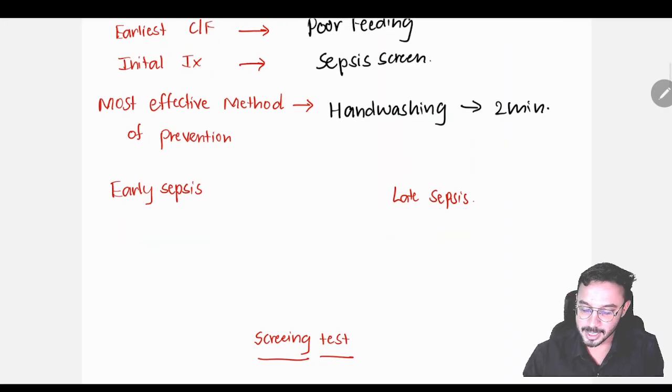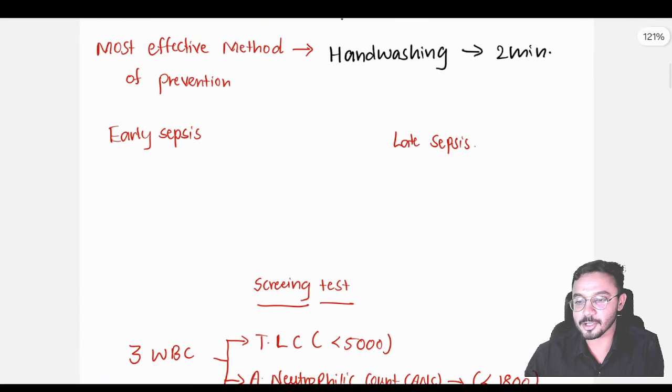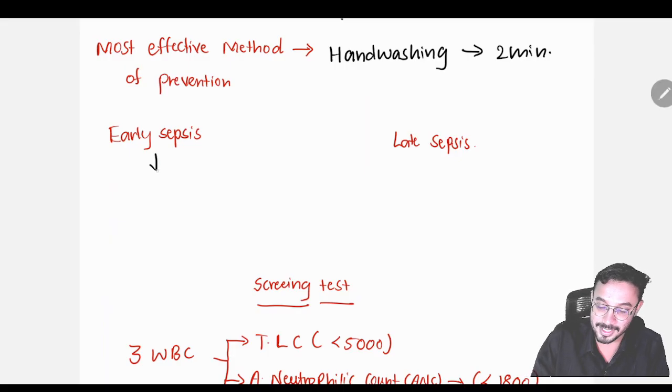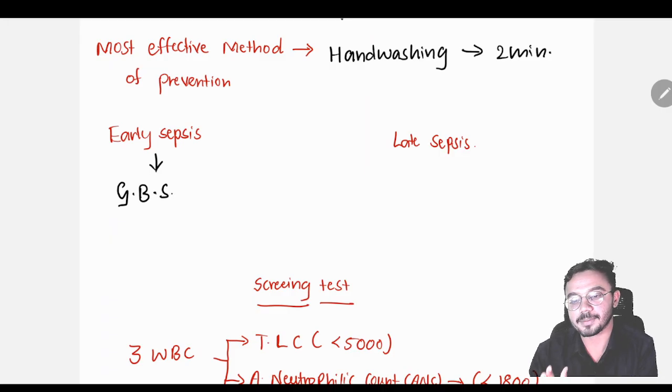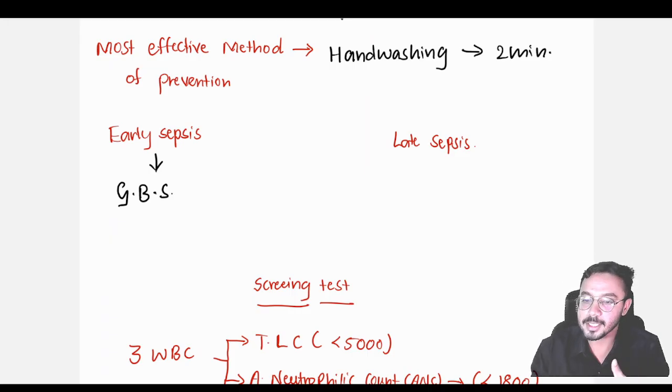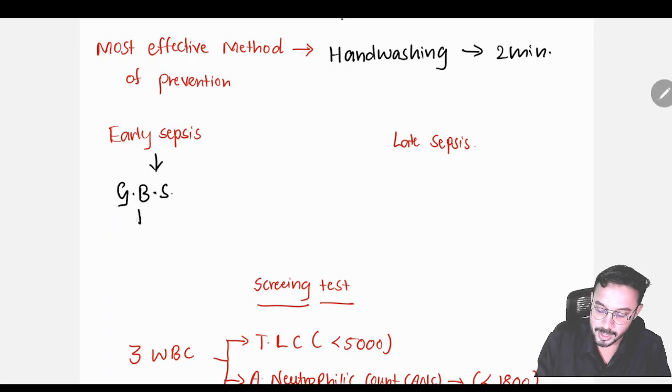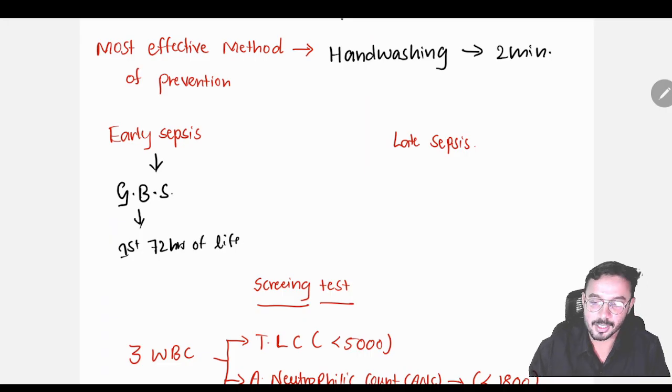Neonatal sepsis is divided into two types: early onset sepsis and late onset sepsis. What causes early onset sepsis? Here there is no controversy, it's caused by GBS, group B streptococci. Group B streptococci lead to early onset sepsis, occurring in the first 72 hours of life. Why does it occur?